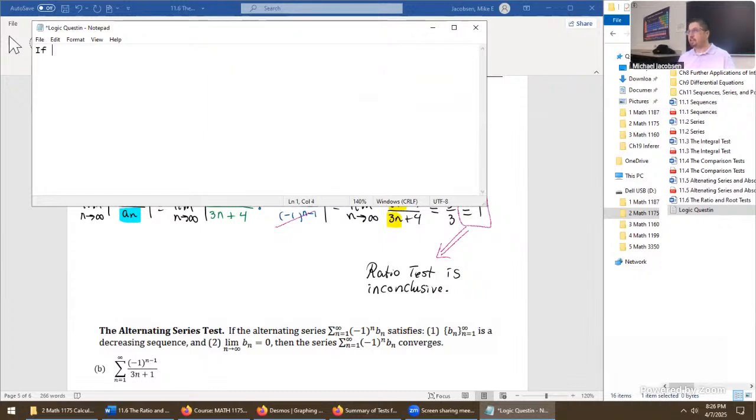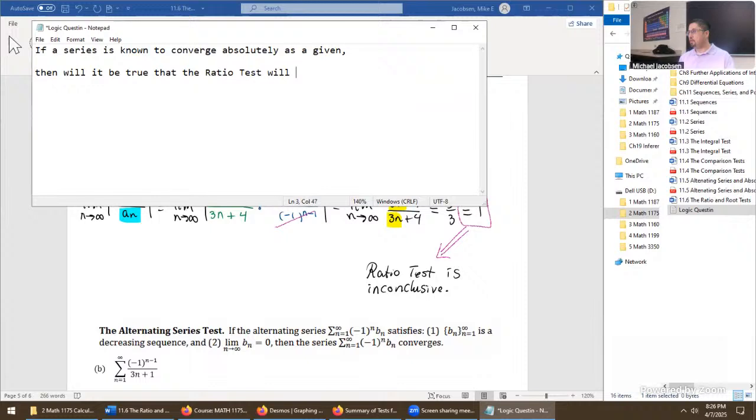So let's say here, if a series is known to converge absolutely as a given, so we have this extra information, we've run no tests whatsoever, then will it be true that the ratio test will output a limit L less than 1 for a correct conclusion on absolute convergence?